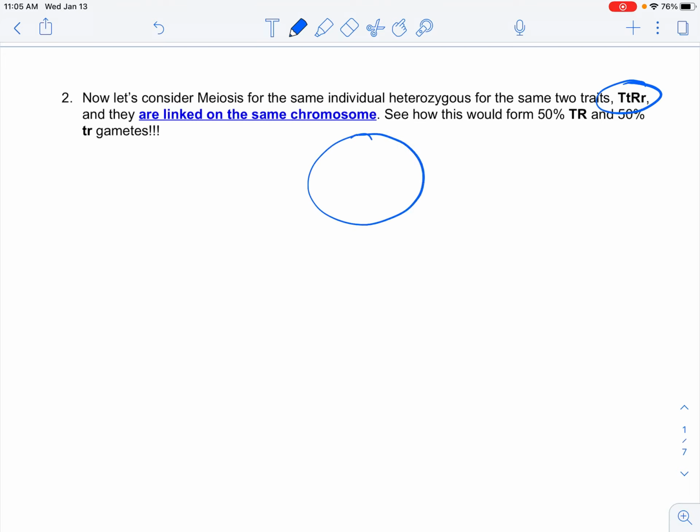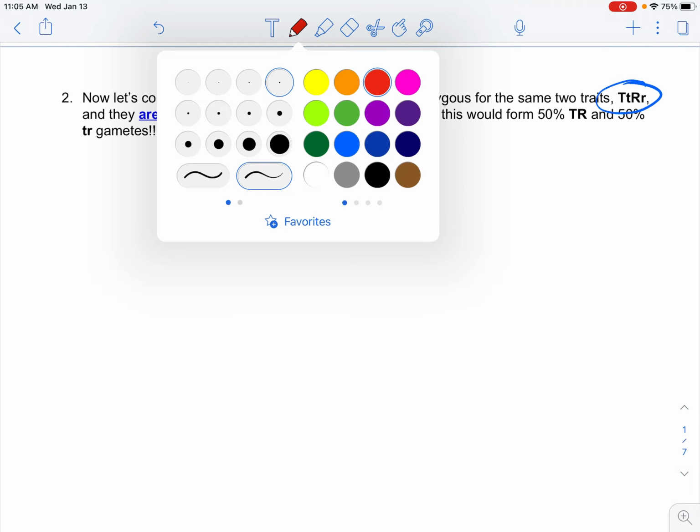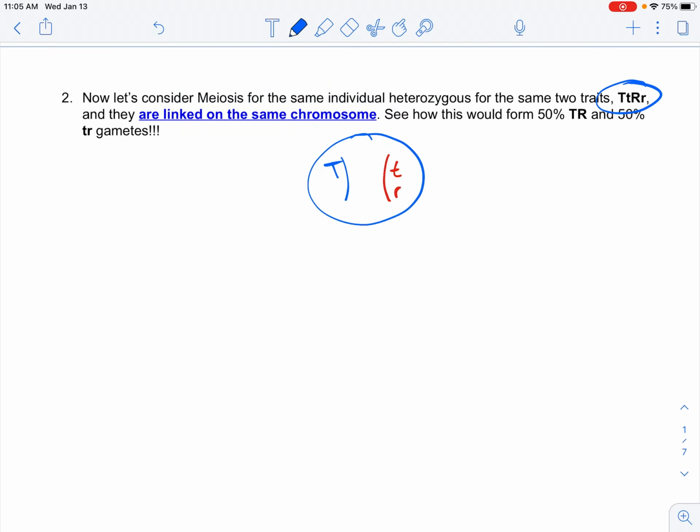So if we had a cell that was before meiosis, I'll just show a different color here. We have one chromosome, and again, we have two copies because the pea plant has a biological mother and a biological father. So I'll put the recessive versions on that one, and I'll put the dominant versions on that one.